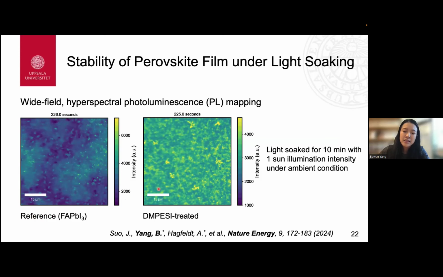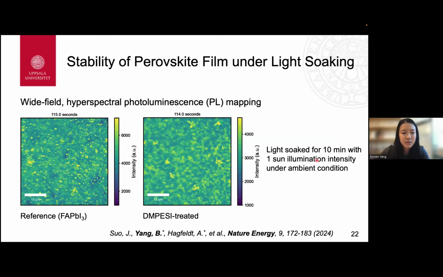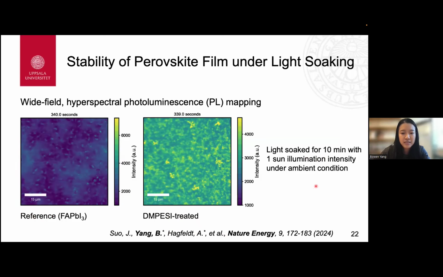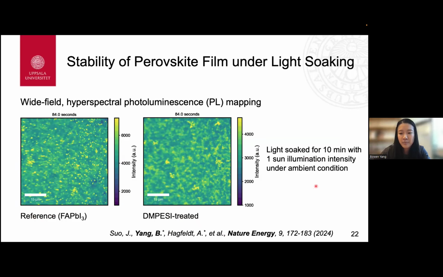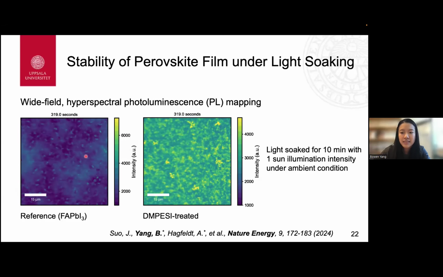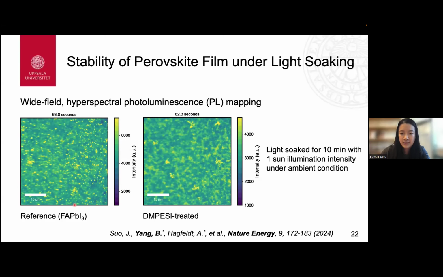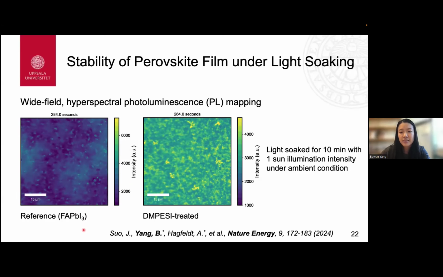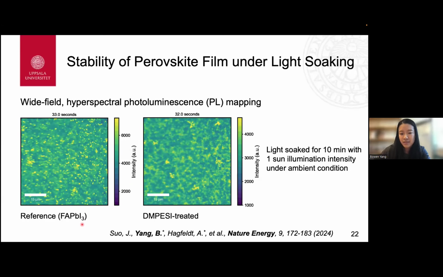Then besides the stability of the perovskite films in moisture conditions, we also probed their light soaking stability by performing wide-field hyperspectral mapping of both the reference FAPI and the DMPSI treated film. From these videos, it is very clear that during the mapping, which is carried out under light soaking for 10 minutes with one sun illumination intensity under ambient condition, the intensity of the reference film drops dramatically, meaning that the initial FAPI phase is highly unstable in this condition.